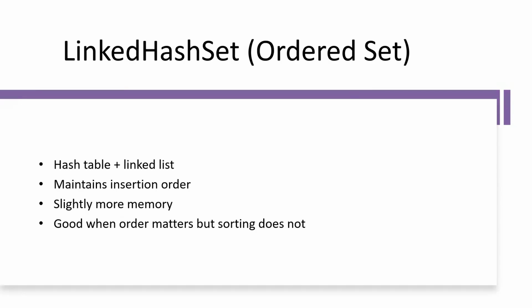So the hash table allows uniqueness in the set data structure. The linked list adds ordering functionality. So now you can access elements based on order of insertion with the linked list functionality. Oh, and yes, it maintains insertion order. I just said that. But it does take up slightly more memory.